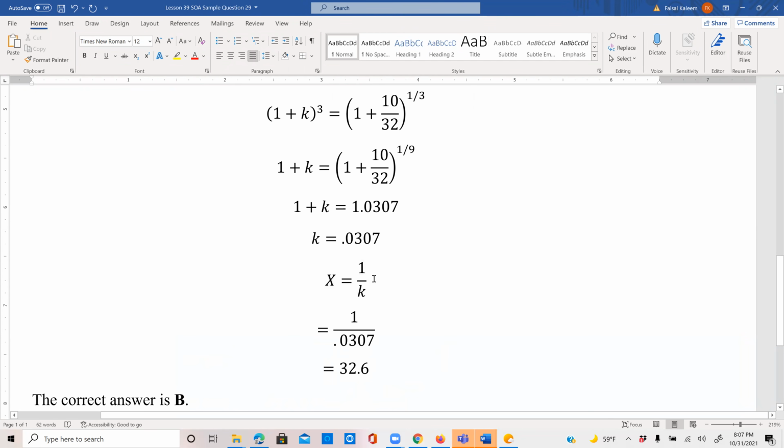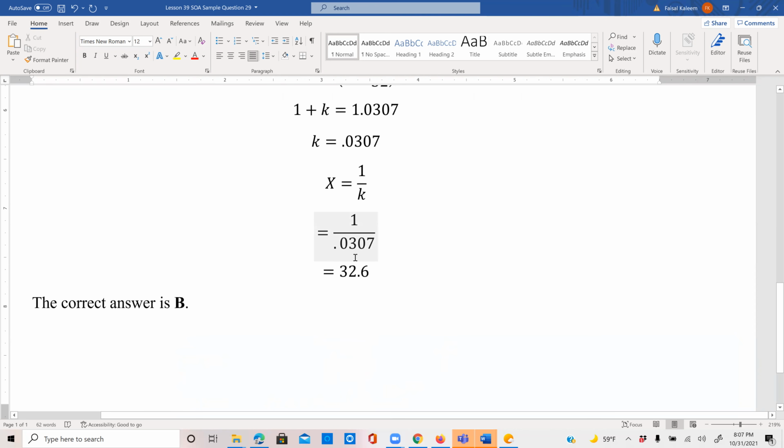So X is equal to 1 over K. X was the present value. Remember, mostly we use X for the regular payment, but in this case, they are forcing us to use X for the present value because that's what they said. And the regular payment is 1. So X, the present value, equals the regular payment divided by the interest rate for the 4 months, which we calculated to be 0.0307. So that comes out to be 32.6. That's choice B.